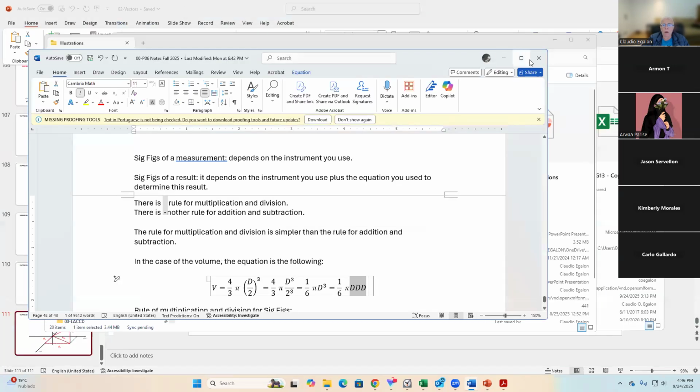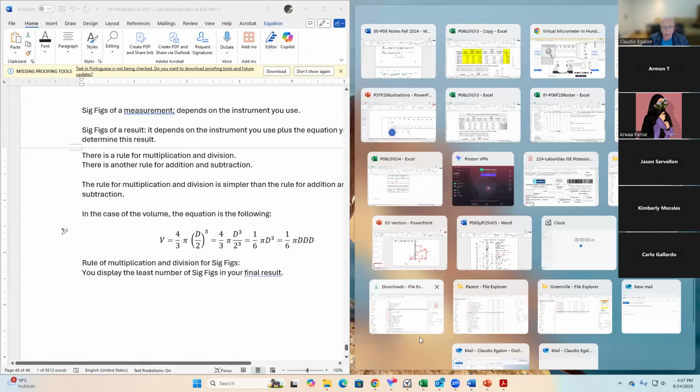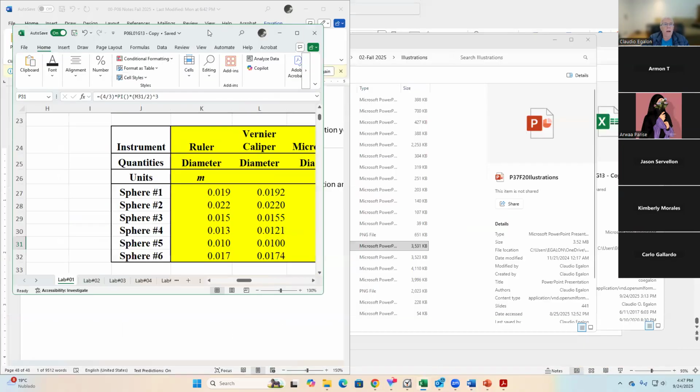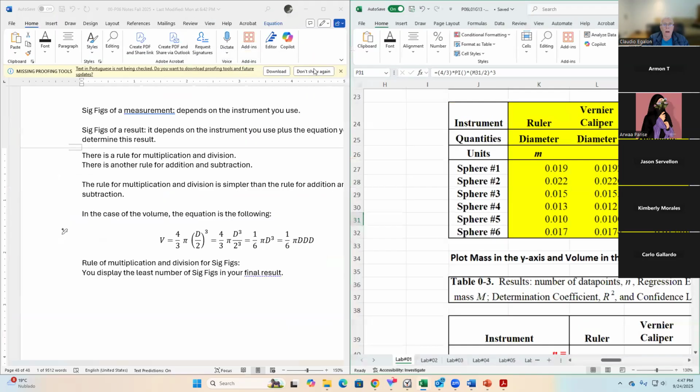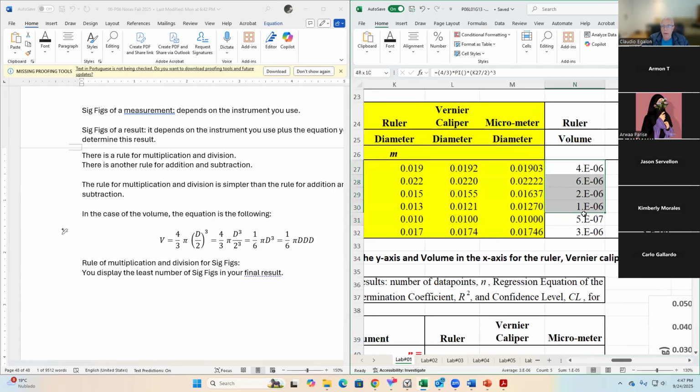So let's do an example here in my table. 4 more minutes to go. Okay, so here you go. Here's the volume for the ruler. I got those values here. Note that my measurement of the diameter has 2 significant digits, right? If you have 2 significant digits here, you must display 2 significant digits here as well, okay?